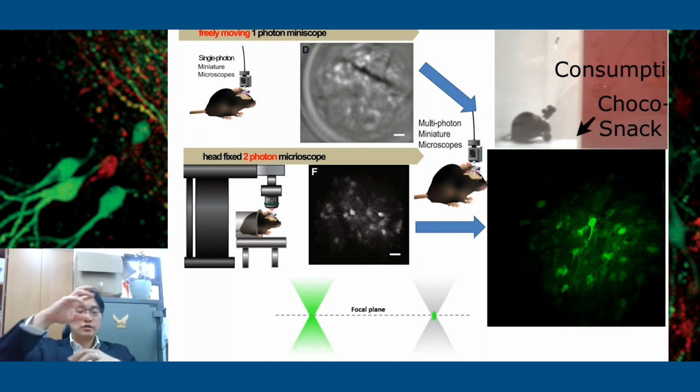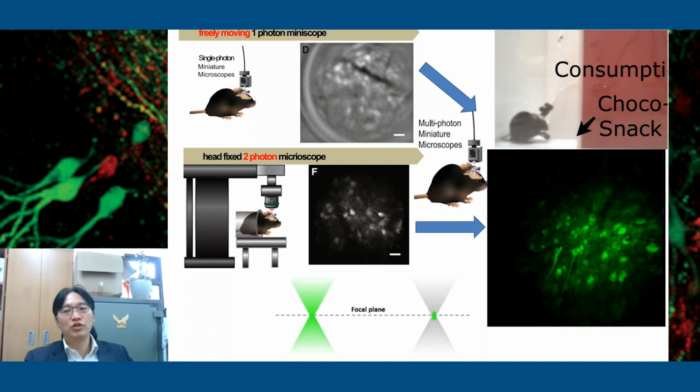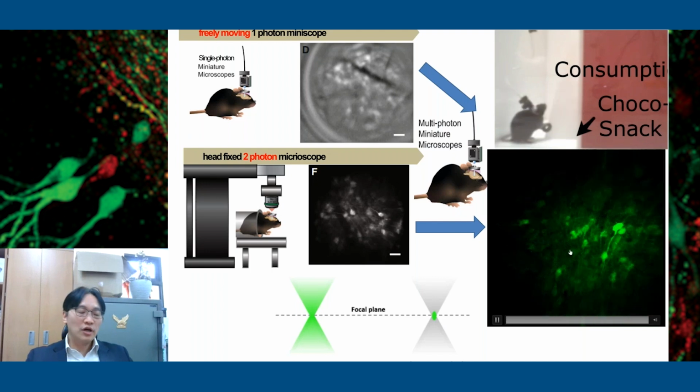And a second advantage, I think, is that since we have the 3D structure of the single neurons, like 50 neurons scattered in the 3D space, we know the exact location of the 3D population.